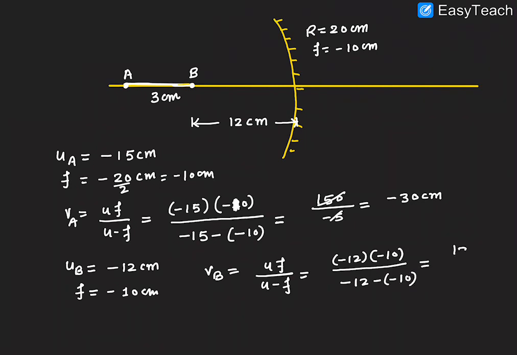So from here this is your 120 divided by minus 2, and this is your minus 60 centimeter.